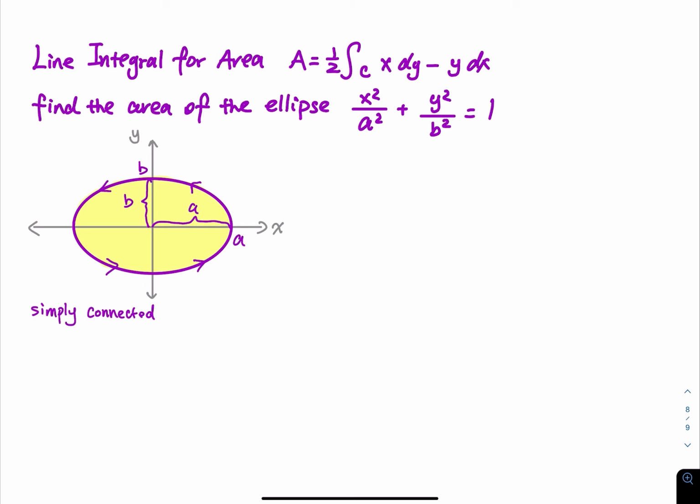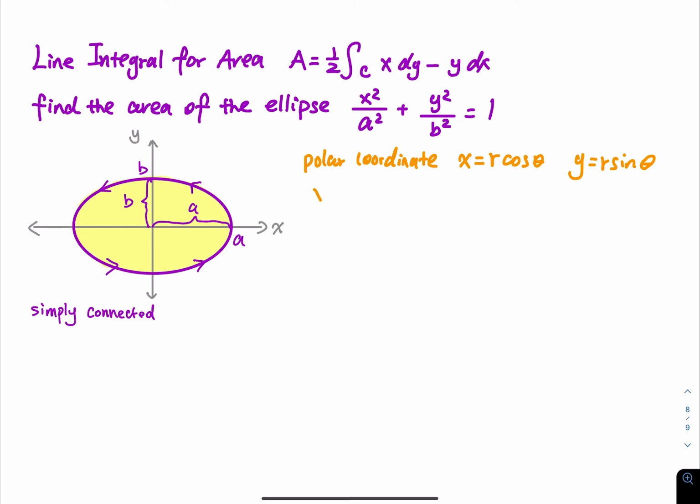The way we start this problem is I am trying to set up an integral in polar coordinates. So for polar coordinates, what are x and y equal to? In polar coordinates, x equals r times cosine of theta, y equals r times sine of theta. Then I will replace the r by a and b, and the theta we are going to replace by t.